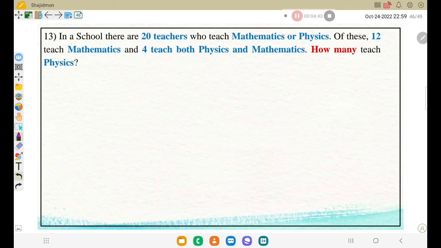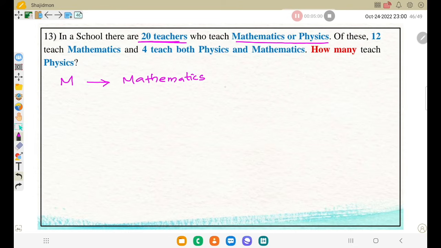In a school there are 20 teachers who teach mathematics or physics. Mathematics teachers I am representing by M, those teachers that are teaching mathematics.